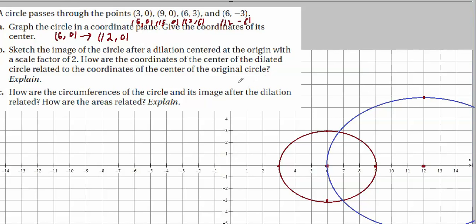So let's see what happens here. We've got a radius of 3 for the small circle and 6 for the big circle. So we get 2 pi 3 for the circumference for the small one and 2 pi 6 for the larger one.